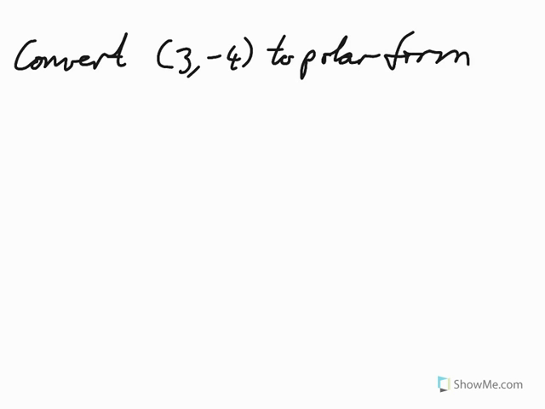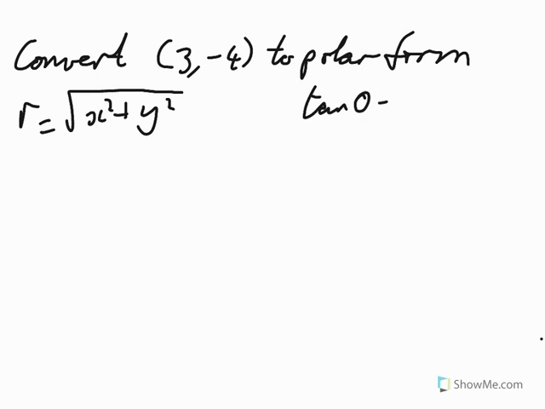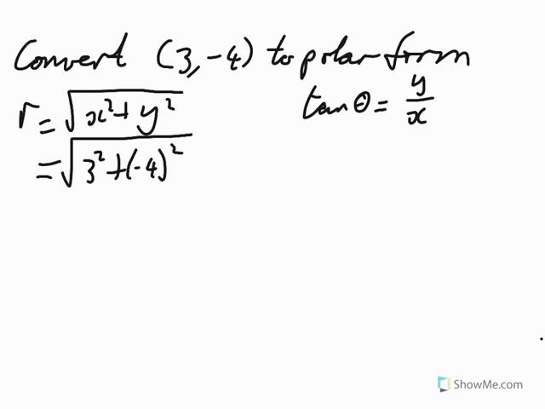Okay, so remembering that r is the square root of x squared plus y squared, and that tan theta is y over x. And so r would be the square root of 3 squared plus -4 squared, which is 9 plus 16, root 25.